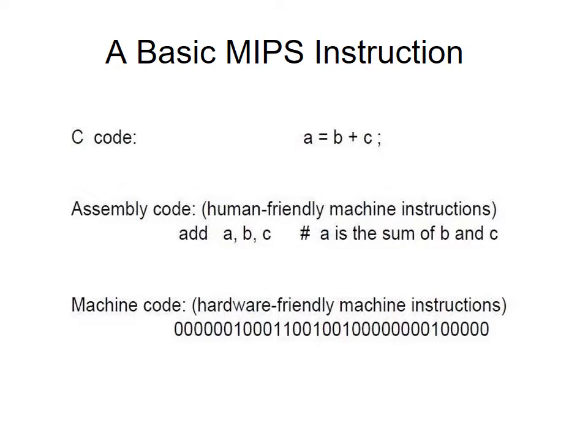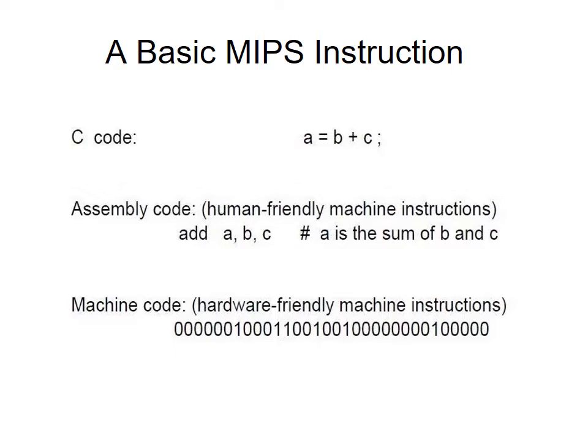Here are the basic MIPS instructions. Firstly, here is an example C code: a = b + c. That means the values of the variables b and c will be added, and then the value will be assigned to a. In assembly code, which is human friendly, we can write it like add a, b, c.